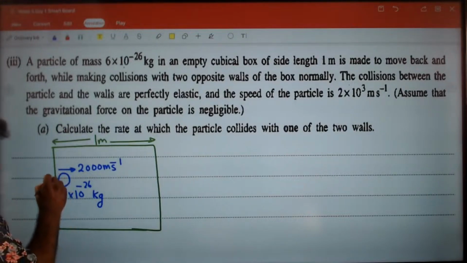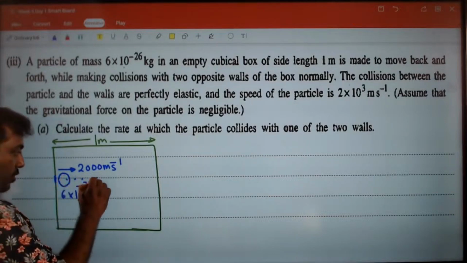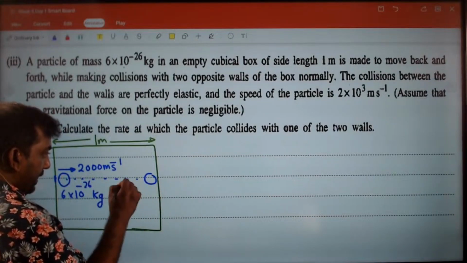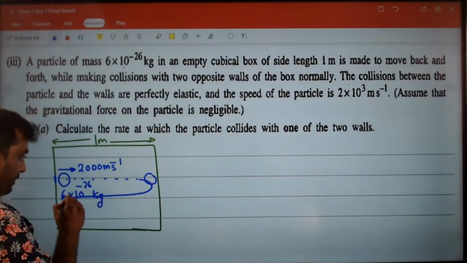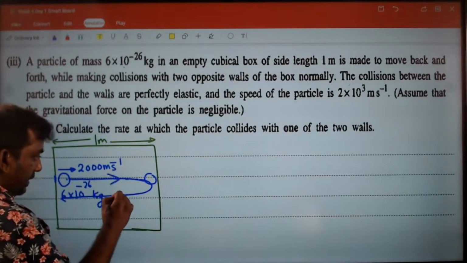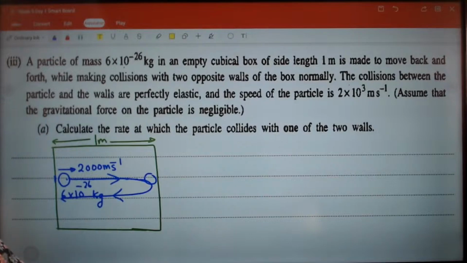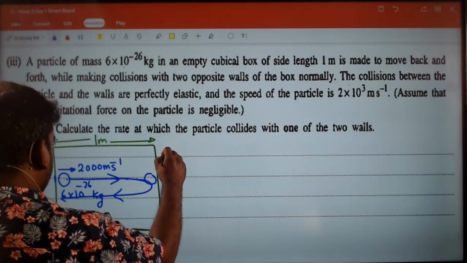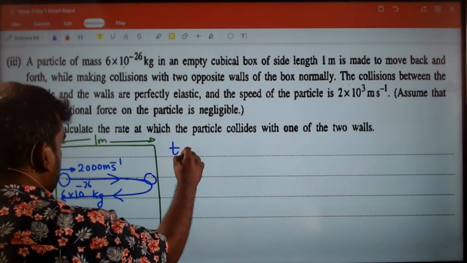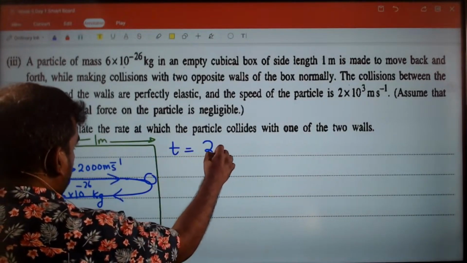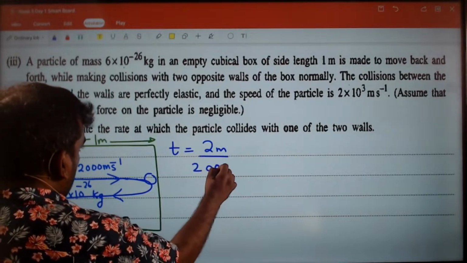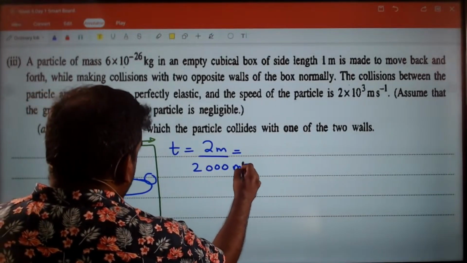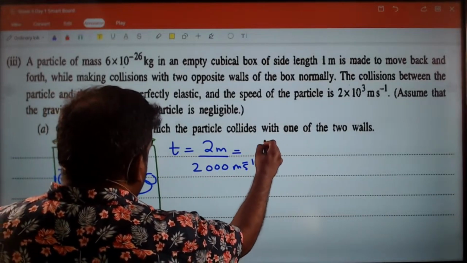So rate means, let's say starting here, it will go there, collide, turn back and come. Rate means the frequency of collision. So here, time taken: distance is 2 meters, speed 2000 meters per second, so 10^-3 seconds.